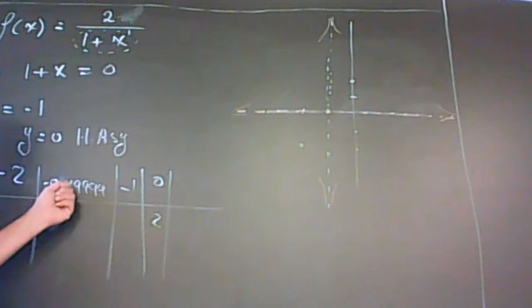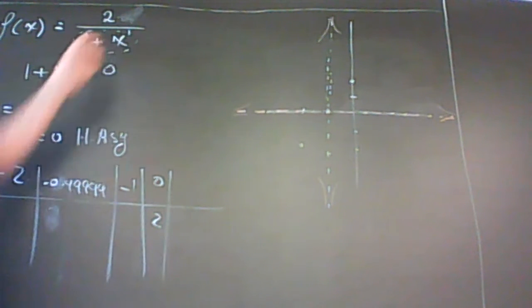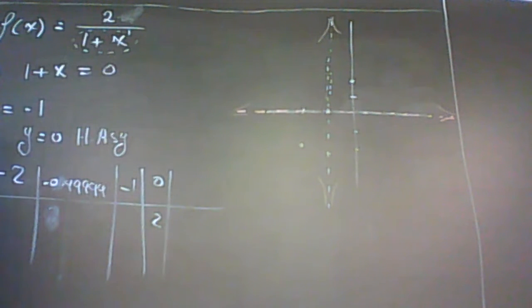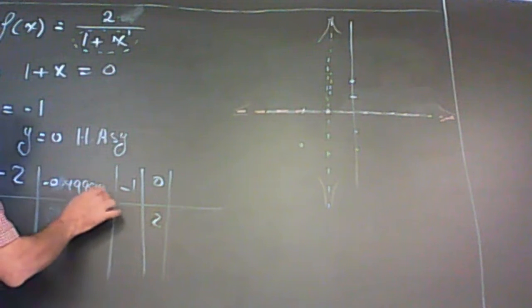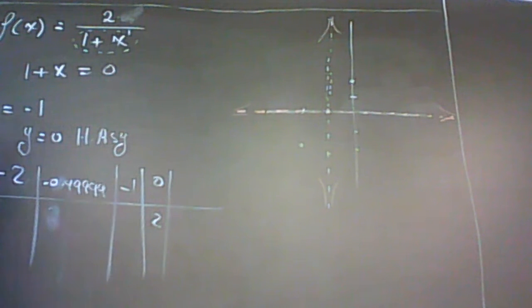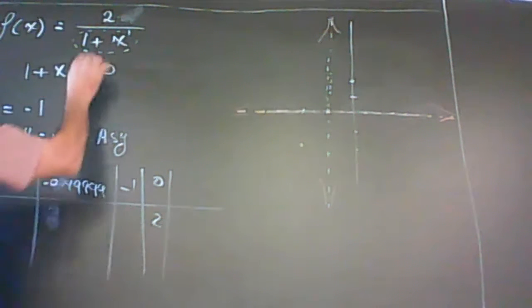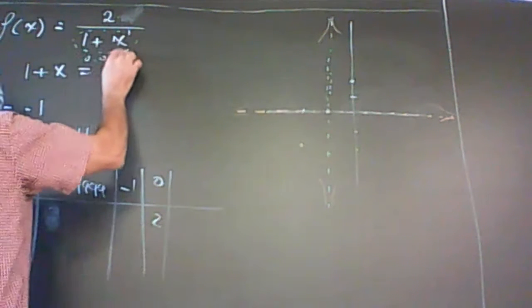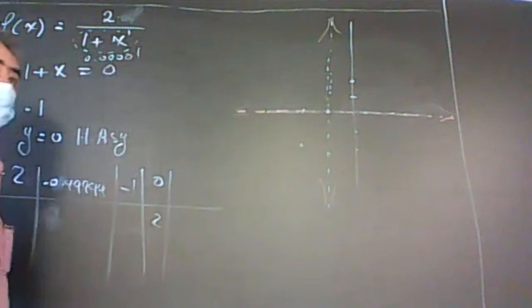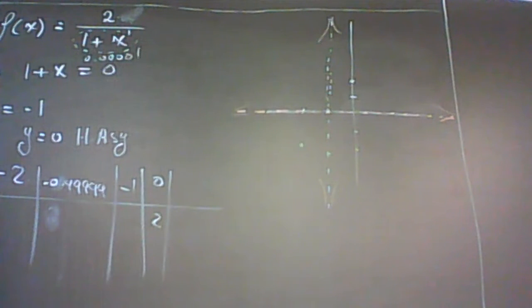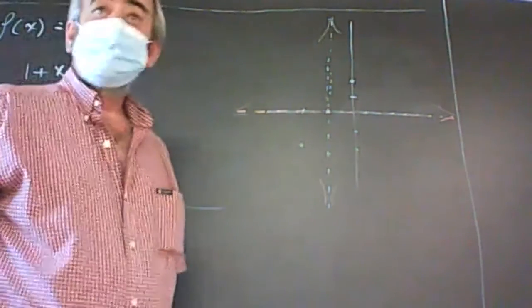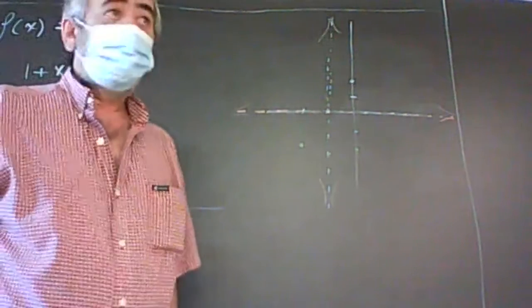What value do I get if I plug this in there? Let's see. That's 1, 2, 3, 4, 5. Yes? So that's going to be 2 divided by 0.00001. Yes? That's going to be 200,000. Yes?